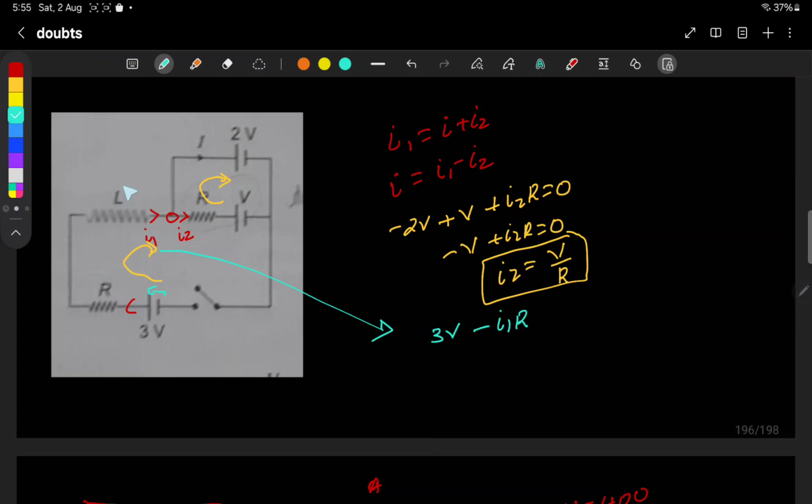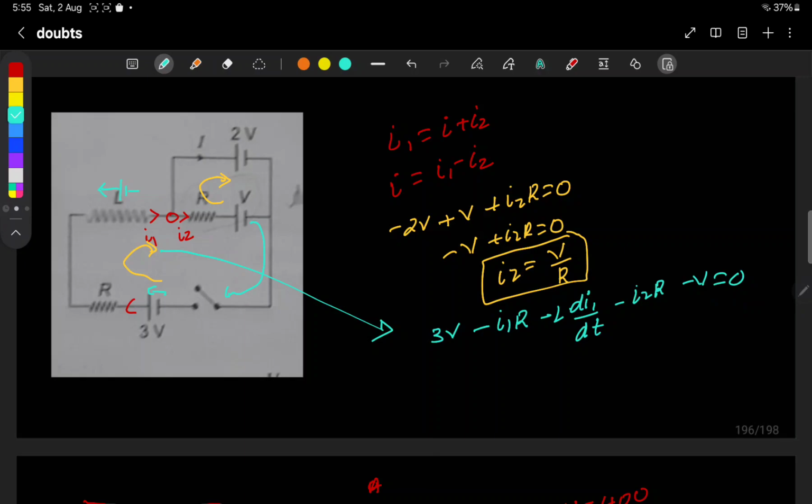If the current is going to grow, it will try to oppose. Correct, the EMF produced by the inductor. So let me put minus L into di1 by dt, it's a variable. And then when it comes here, that is minus I2 into R and then minus V here and then closes is equal to 0. So this is the equation we are getting.